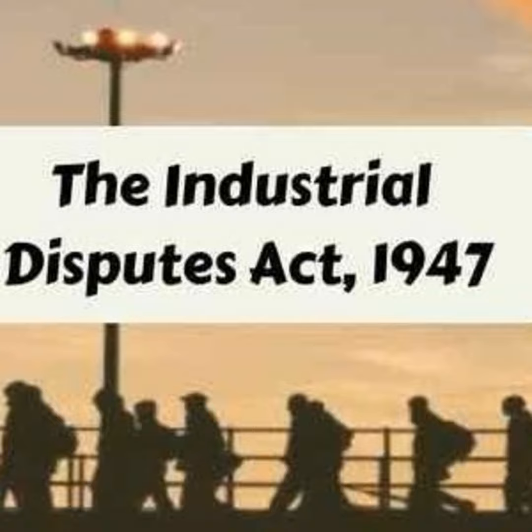So the definition of strike under section 2 subclause Q can be dissected into 6 parts. That is, first, a cessation of work; 2, by a group of workmen; 3, under a common understanding or concerted refusal to work; 4, it must be in an industry; 5, the strikers must be acting in combination; and 6th, the object of the strike must be related to employment or non-employment or the terms of employment or with conditions of labor of the workman.